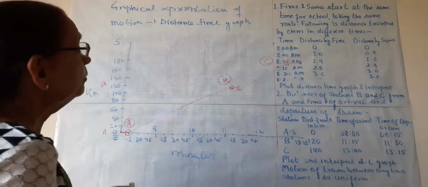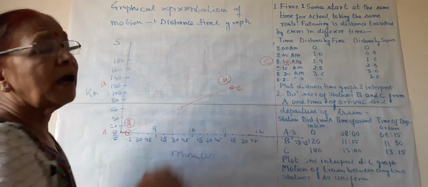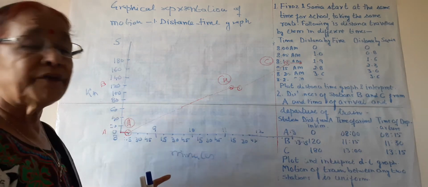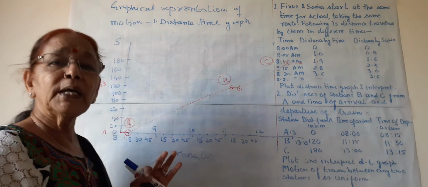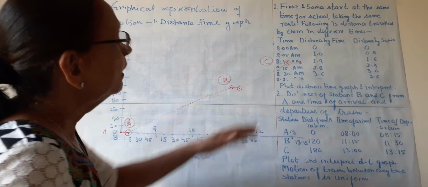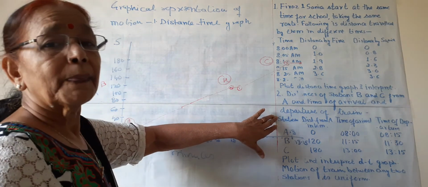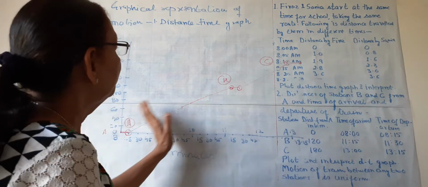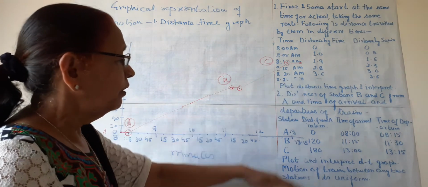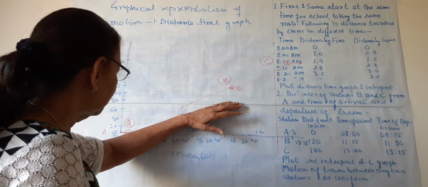So this is how the distance-time graph is done, having 4 different situations, then how the speed is calculated, and now these 2 situations where we have plotted the graph. What is the interpretation of this graph?